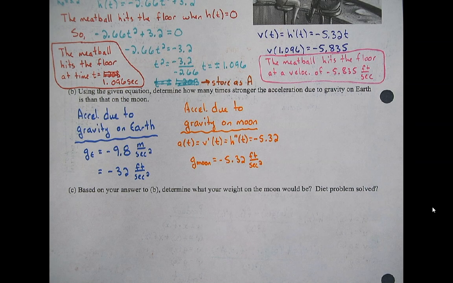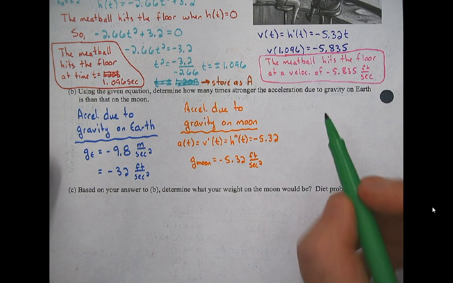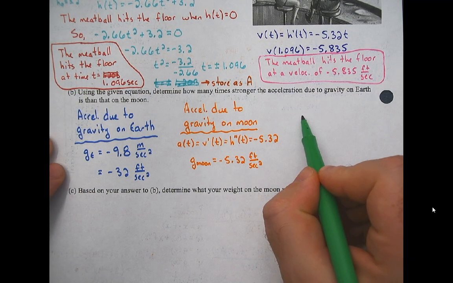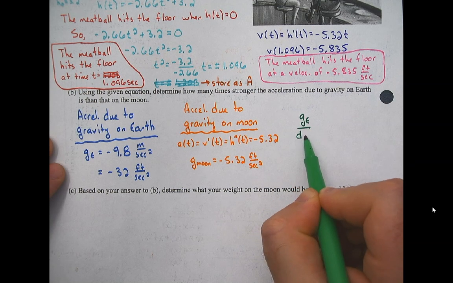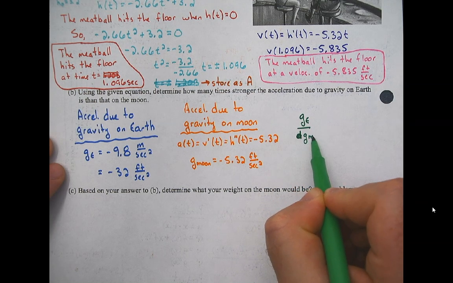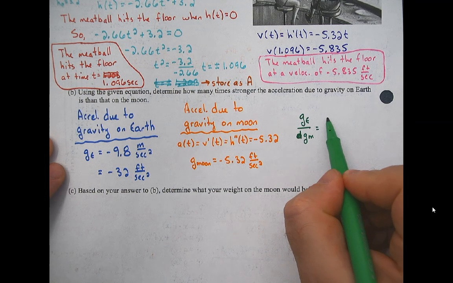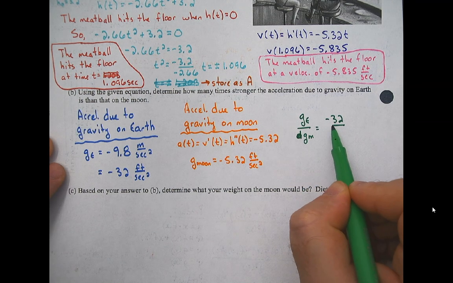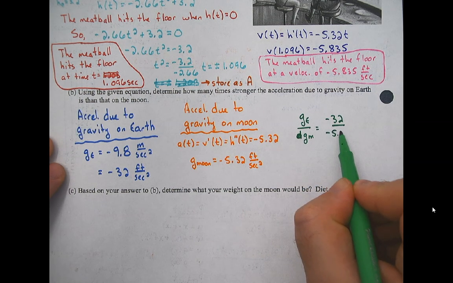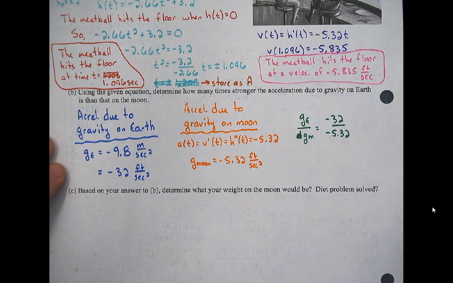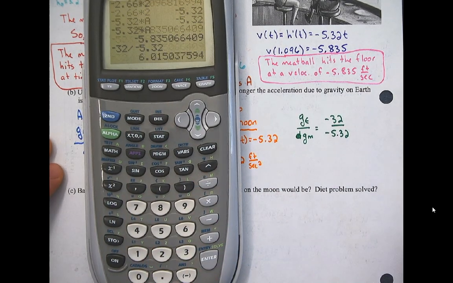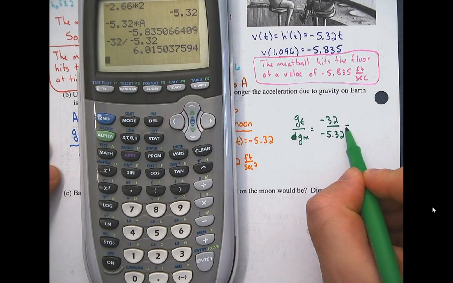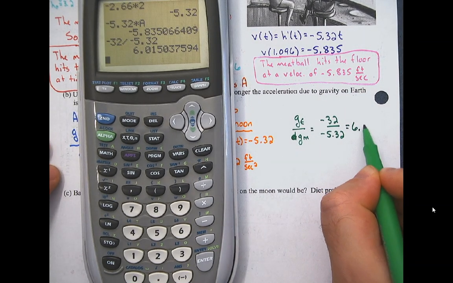So if we wanted to compare how many times stronger the gravity is on the Earth versus the moon, I would need to take the gravity of the Earth and divide it by the gravity on the moon. Gravity on the Earth is negative 32. Gravity on the moon is negative 5.32, which, what do we get when we do negative 32 divided by negative 5.32? We get about 6.015.